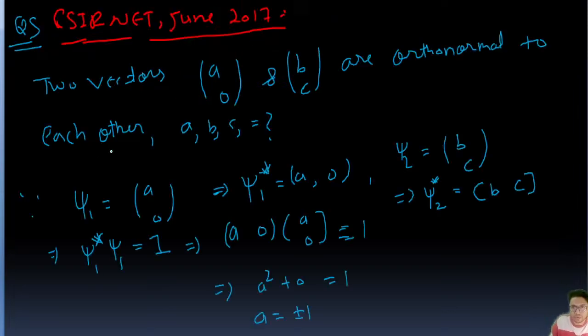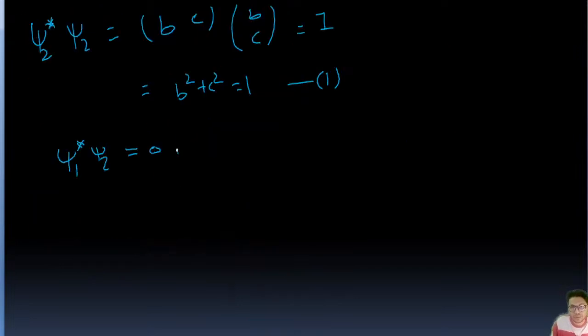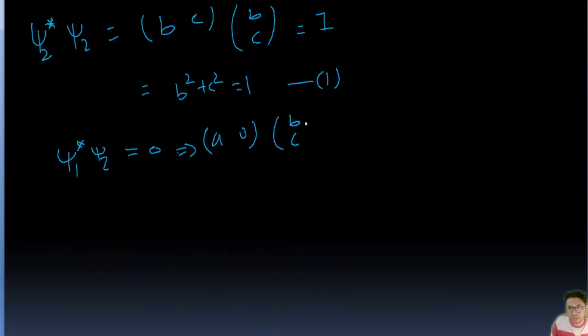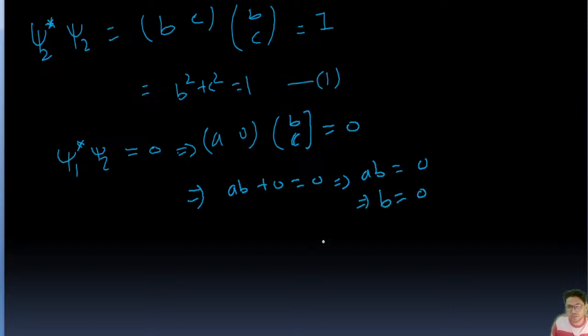So psi 1 star is A0 into psi 2, and the value of psi 2 is BC, equal to 0. We'll simplify it. This implies AB plus 0 equal to 0, so AB equal to 0. Since A is not equal to 0, because A is plus minus 1, this implies B equal to 0. So the value of B we have found.